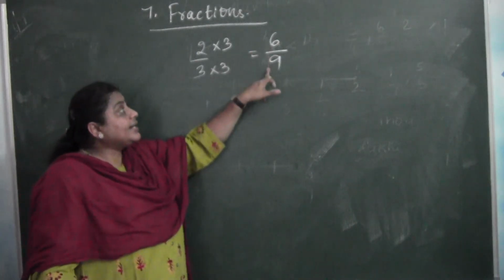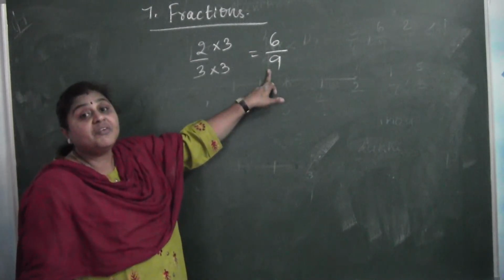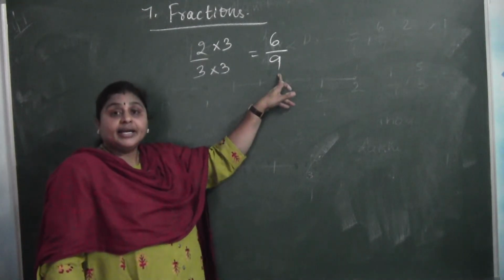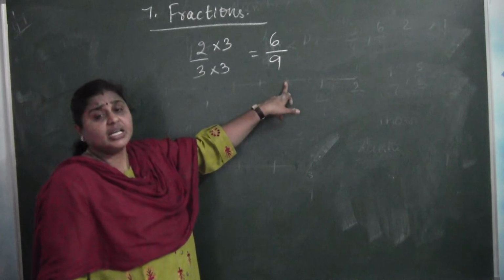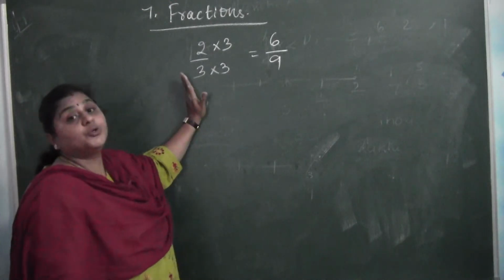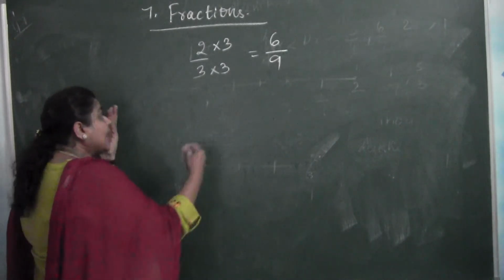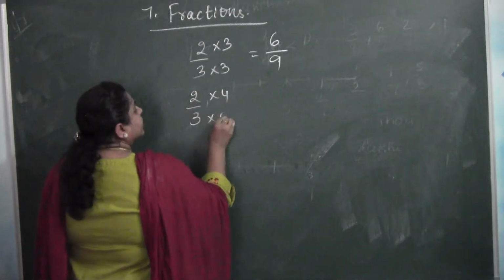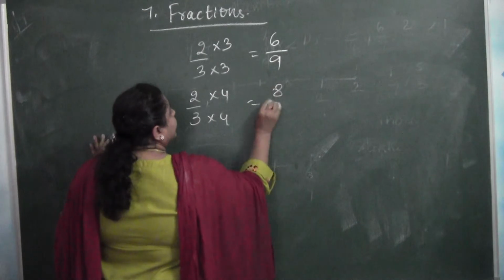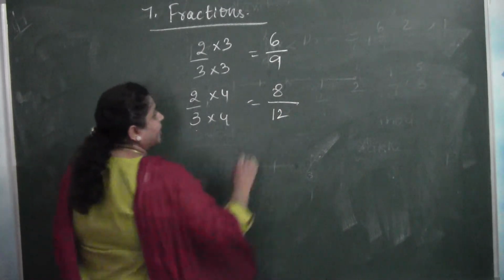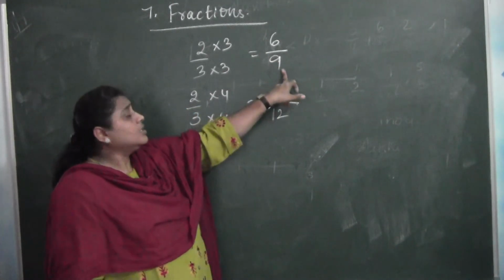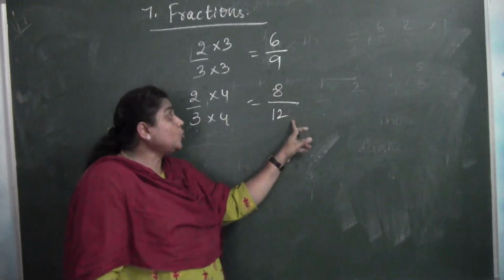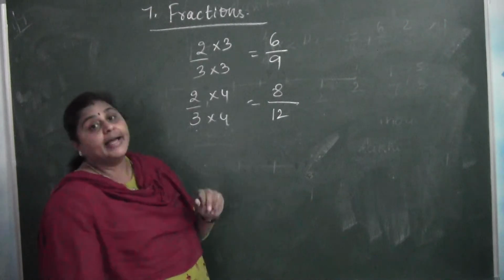So 6 by 9 is an equivalent fraction of 2 by 3. Now I need another equivalent fraction. Say 2 by 3 into 4, into 4. 2 4s are 8, 3 4s are 12. 6 by 9 and 8 by 12 are two equivalent fractions of 2 by 3.